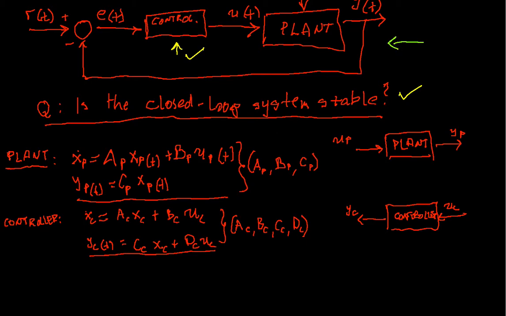In other words, let's think of the following. So let's say that Y of C, output out of the controller, is going into the input of the plant. In other words, we just connect these two systems, and another one that input into the controller is output of the plant augmenting just for some signal V of t.